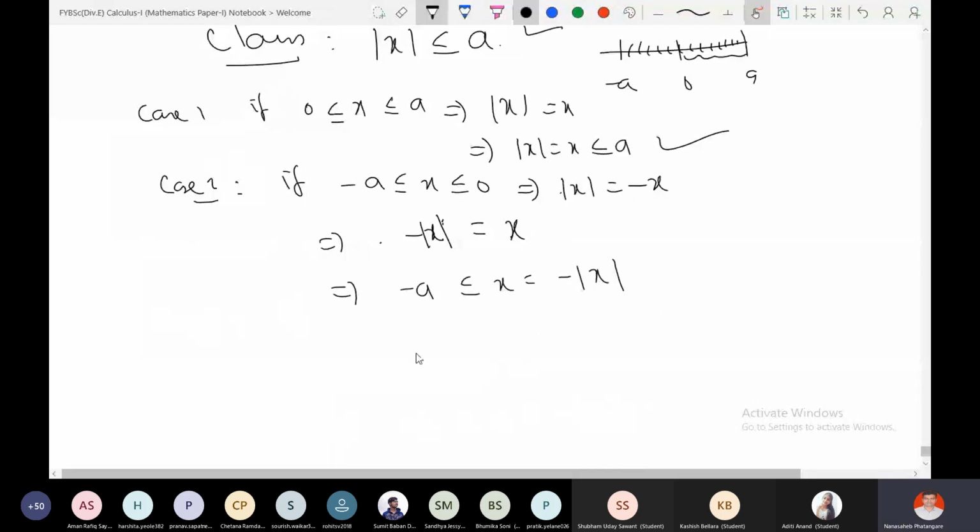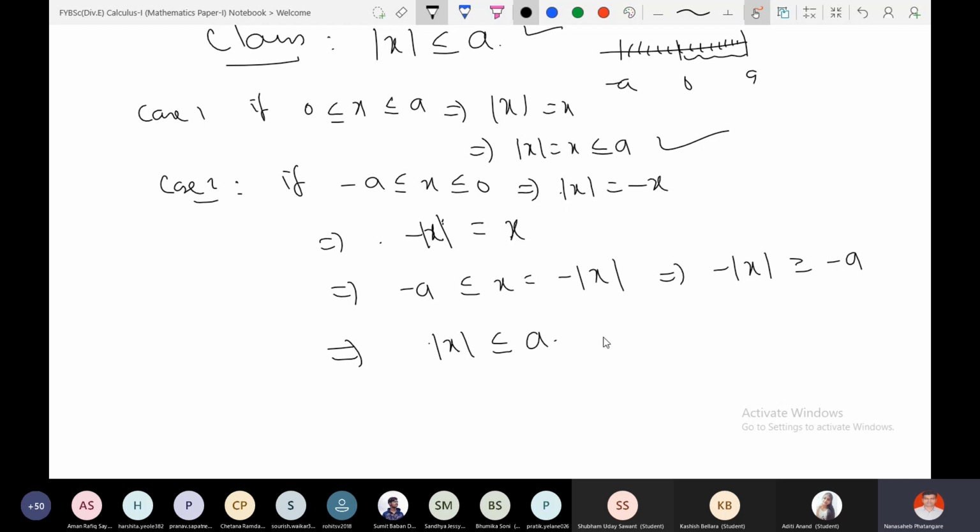So ultimately what we get here is minus of absolute value of x is greater than or equal to minus a, and multiplying both sides by minus 1, absolute value of x is less than or equal to a. That is what we wanted to get. Therefore in any case, minus a less than or equal to x less than or equal to a implies absolute value of x is less than or equal to a.